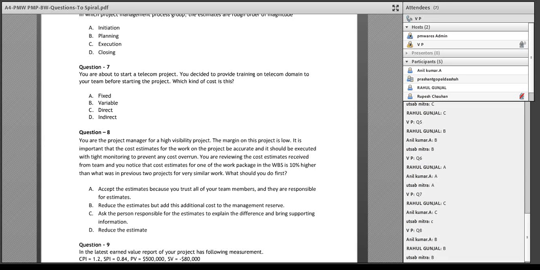What should we do first? Analyze. Even before analyze, there was a step. Analyze is right.